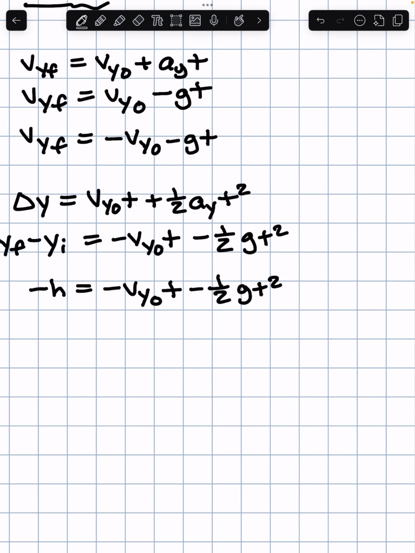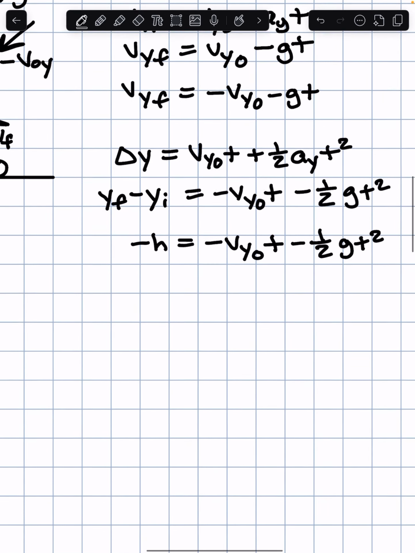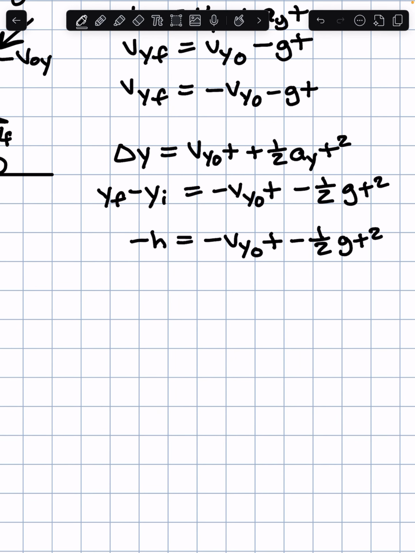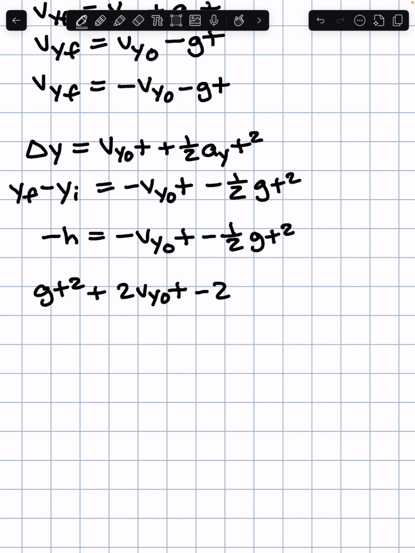Let's move everything to one side, and let's multiply by 2 to make this a tiny bit easier. So we're going to have gt squared plus 2 vy naught t minus 2h, and that equals 0.